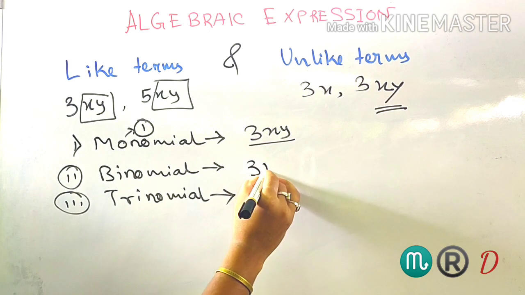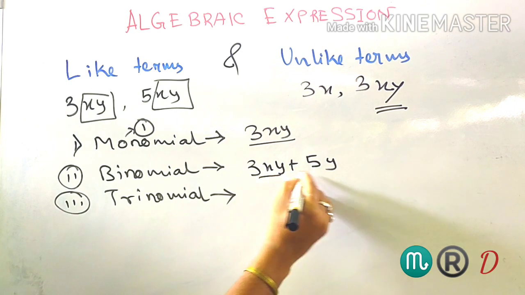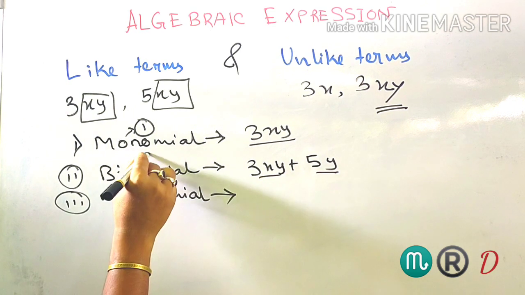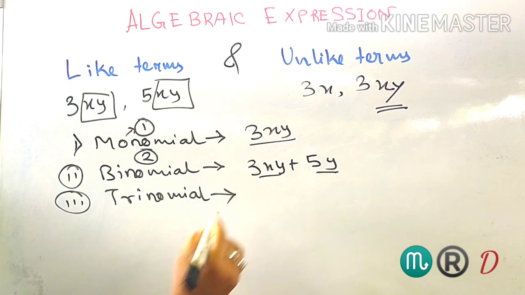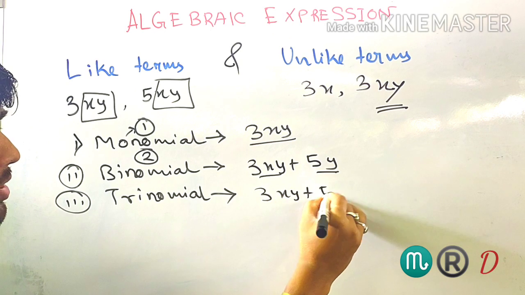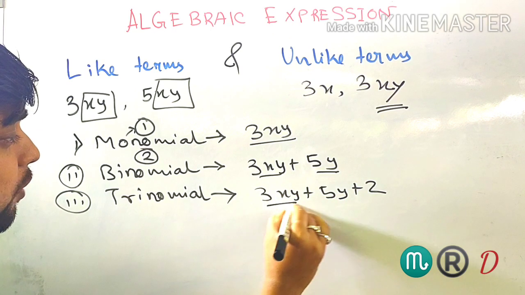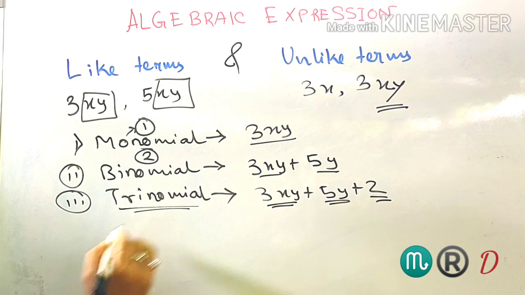If there are two terms, like 3xy plus 5y, here two terms are there, so it is a binomial. Binomial means two terms. And lastly, trinomial means three terms. Suppose 3xy plus 5y plus 2. Here one term, two terms, three terms, so it is said to be a trinomial.